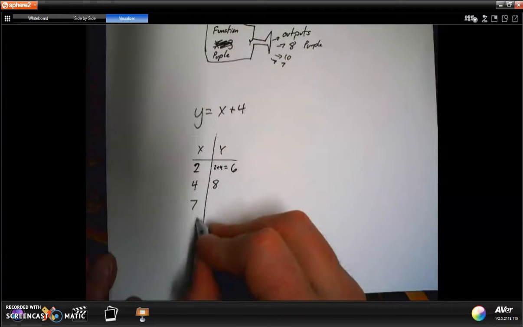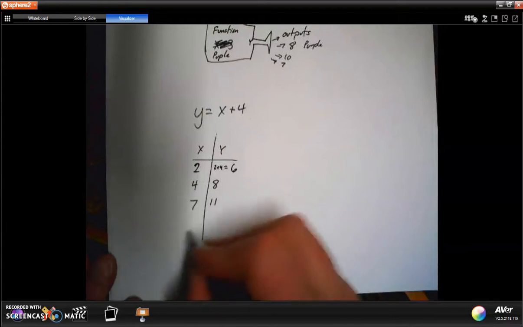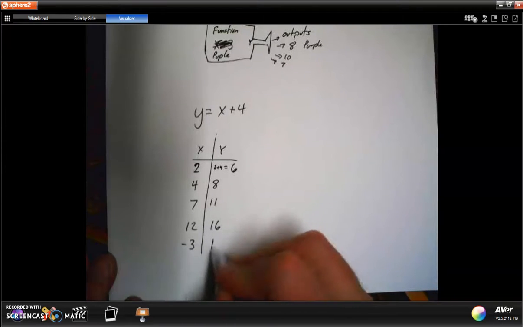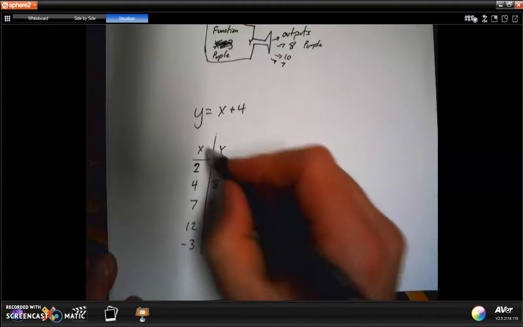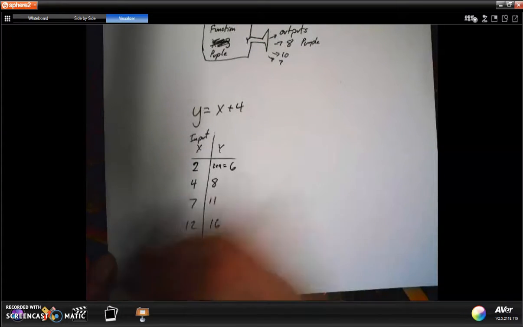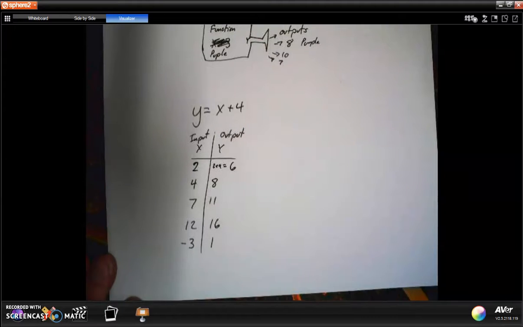If I plug in a 7, I get out 11. If I plug in 12, I get out 16. If I plug in negative 3, I get out 1. Whatever I'm plugging in, my input, I'm adding 4 to it for my output. Okay? That's how functions work.